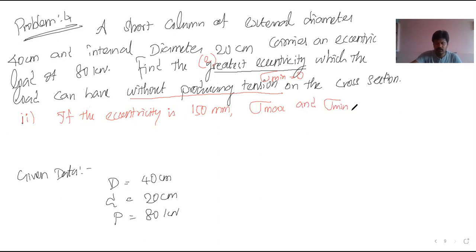So first, the greatest eccentricity E we have to calculate for the first question. Without producing tension means sigma minimum is equal to 0, so what is the eccentricity. There are two questions in this problem. If sigma minimum is equal to 0, what is the value of E?